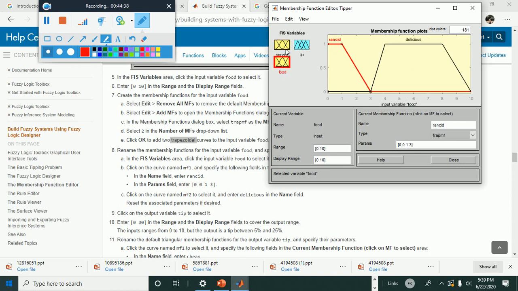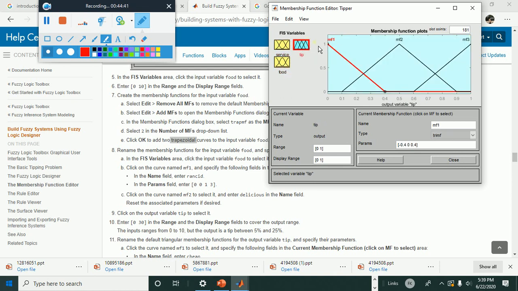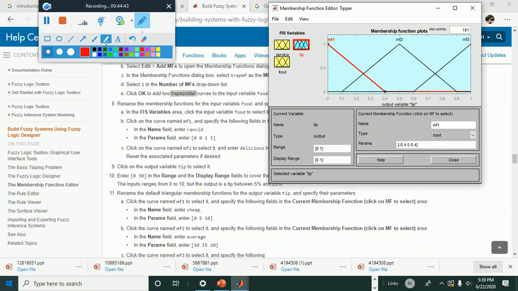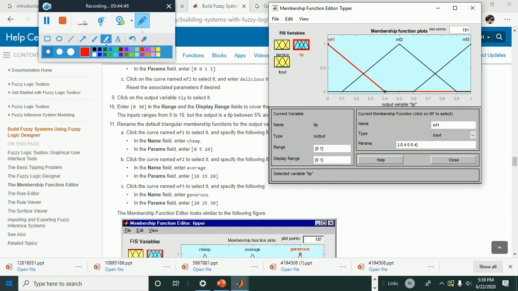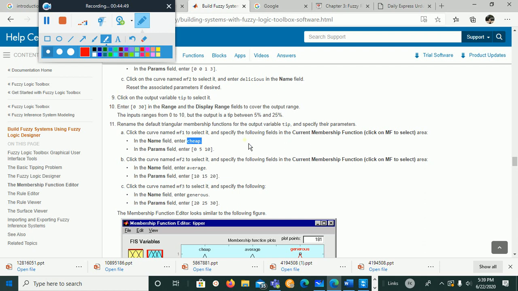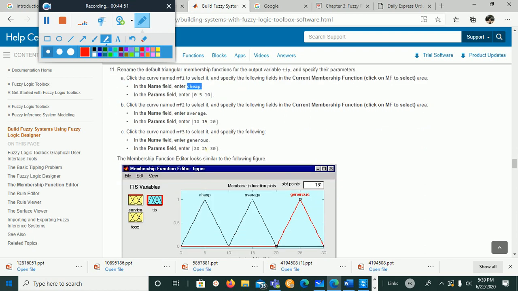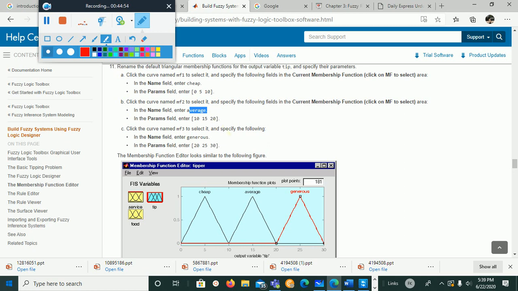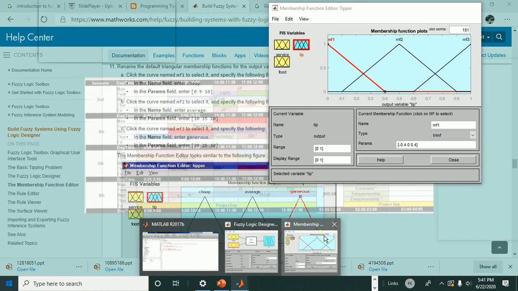These two are inputs, and now for the output we will have one membership function cheap, second membership function average, and third membership function generous. Here we have to define these functions first.